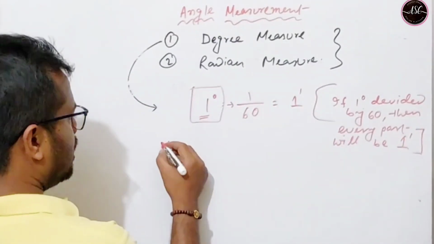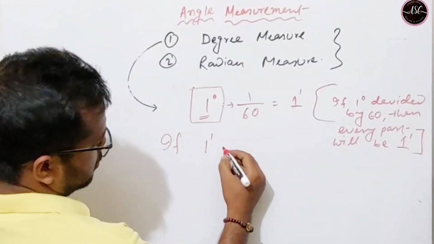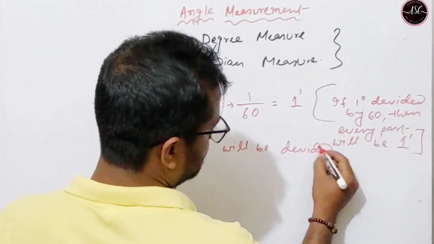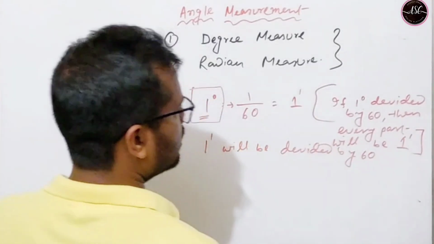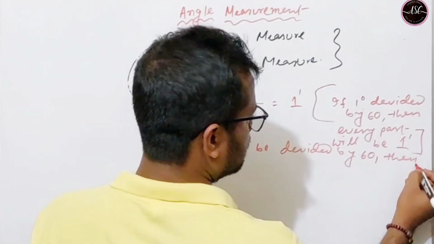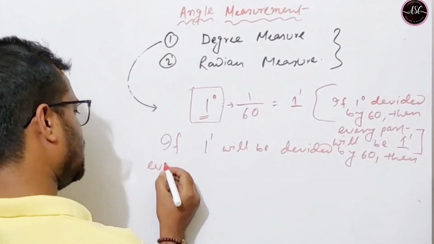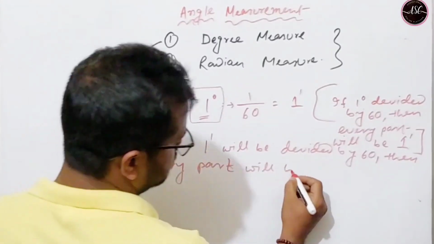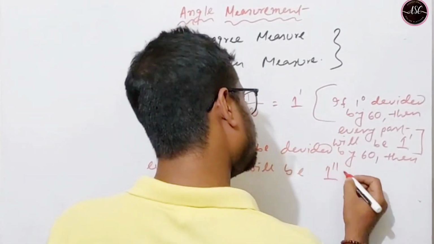And if 1 minute is divided by 60, then every part will be 1 second.